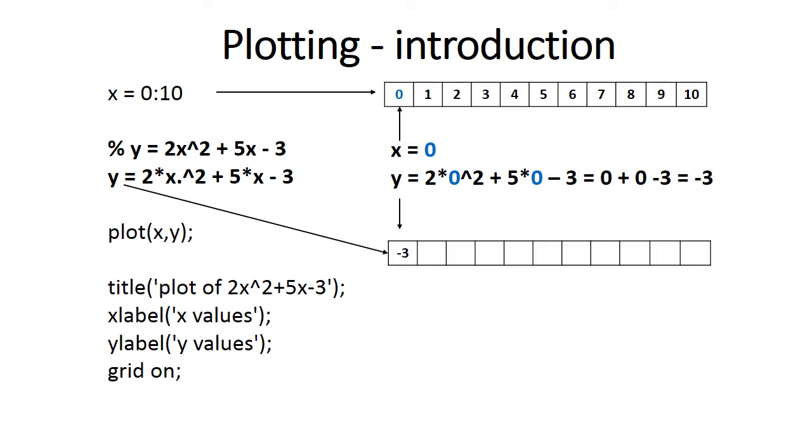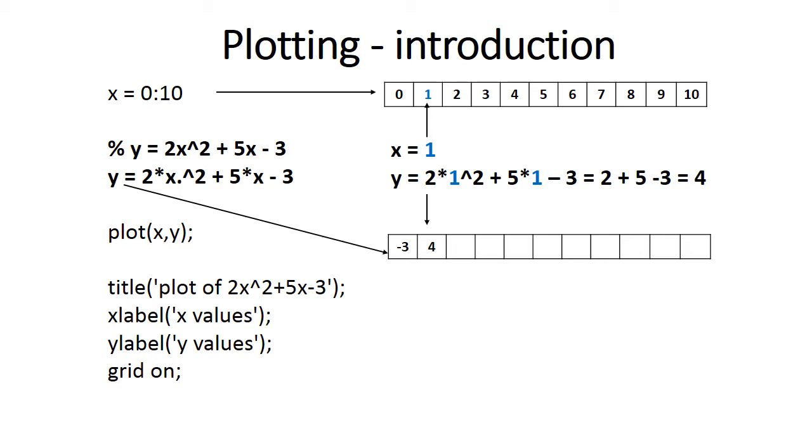So when x is 0, y calculates 2 times 0 to the power 2 plus 5 times 0 minus 3, which is 0 plus 0 minus 3, which ends up in minus 3. So the first element in y is the value for y when x is 0. So the first element in the vector is minus 3.